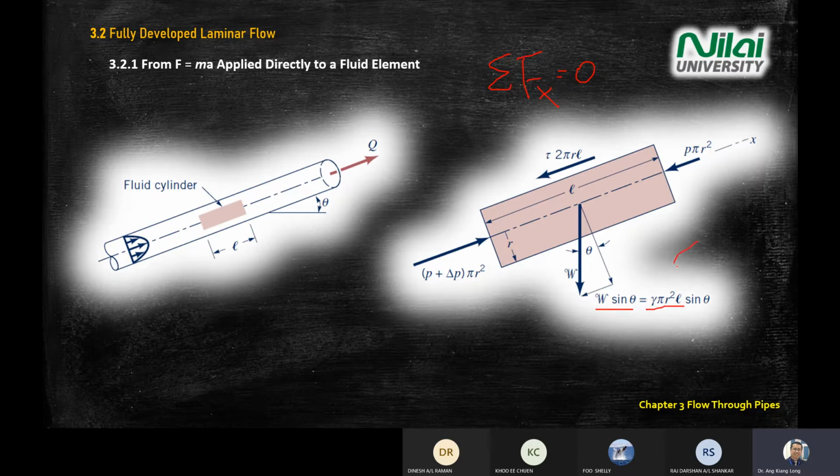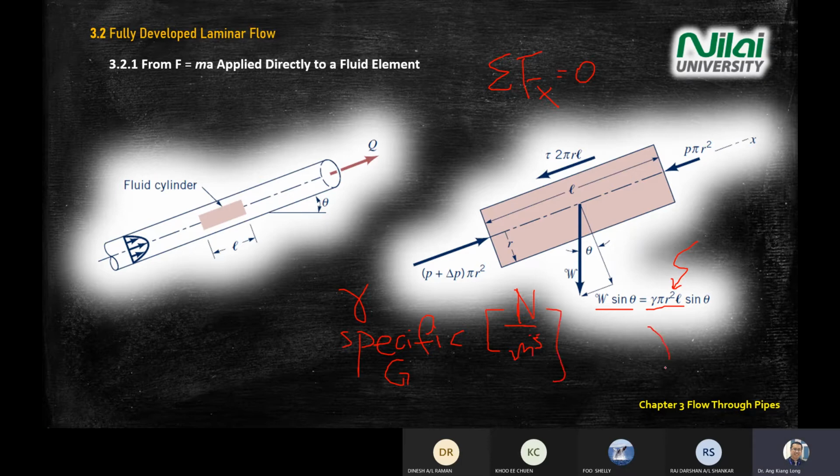You use this equation, which is the specific weight times the volume. This gamma is the specific weight, which is in the unit of Newton per meter cubed.